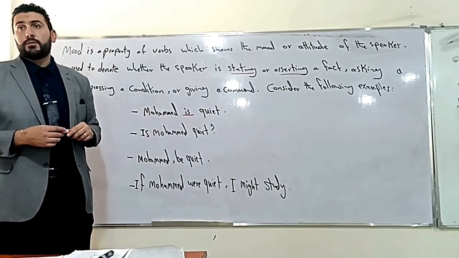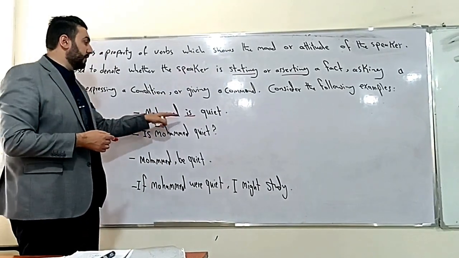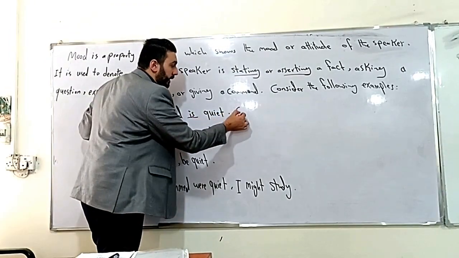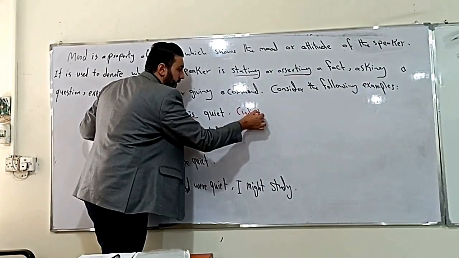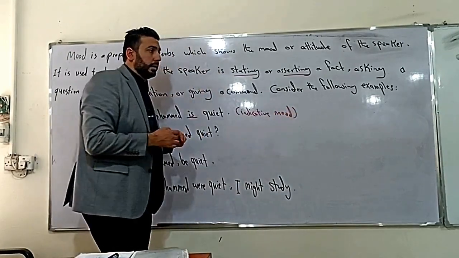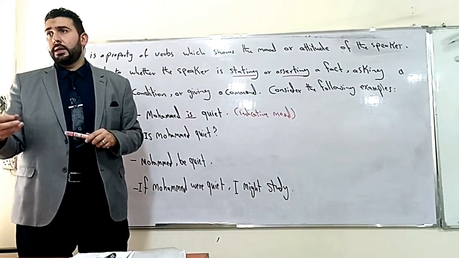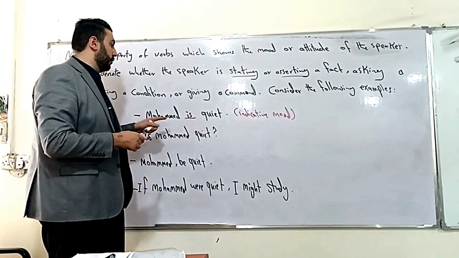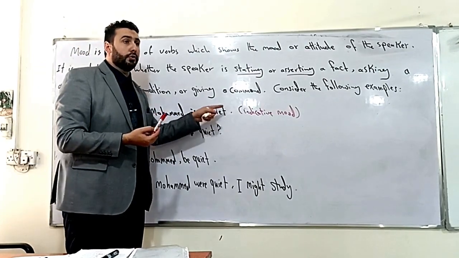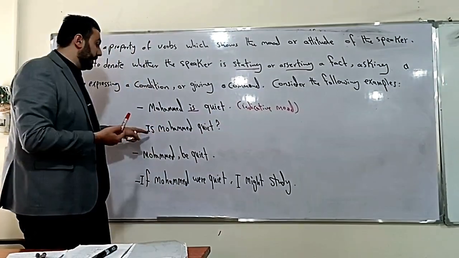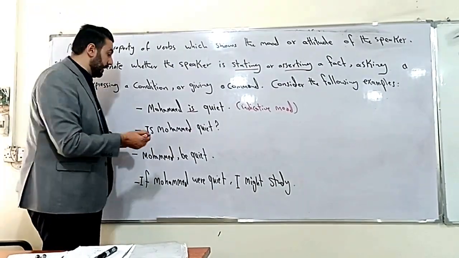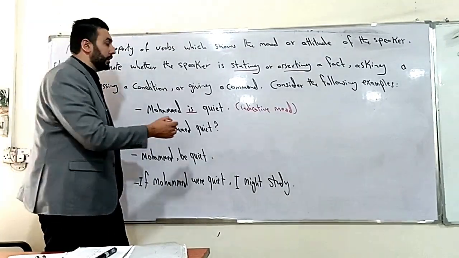What is the mood of this verb? Is indicative. The first case we call the indicative mood. Is that clear? Here we are talking about a fact. Muhammad is quiet. The second case: is Muhammad quiet?